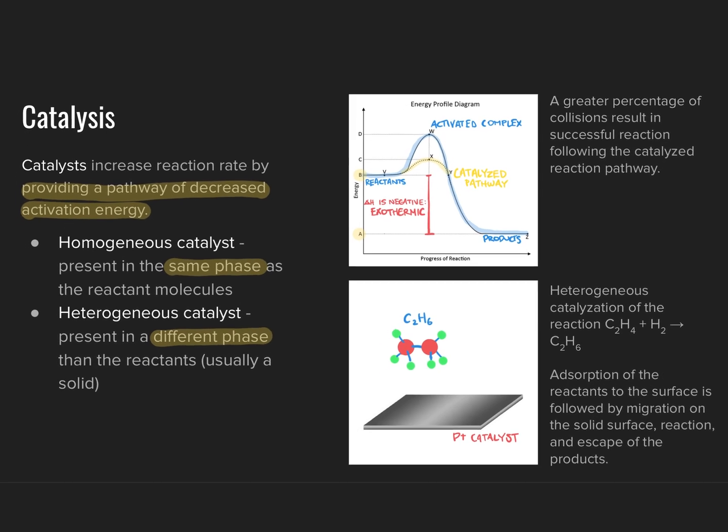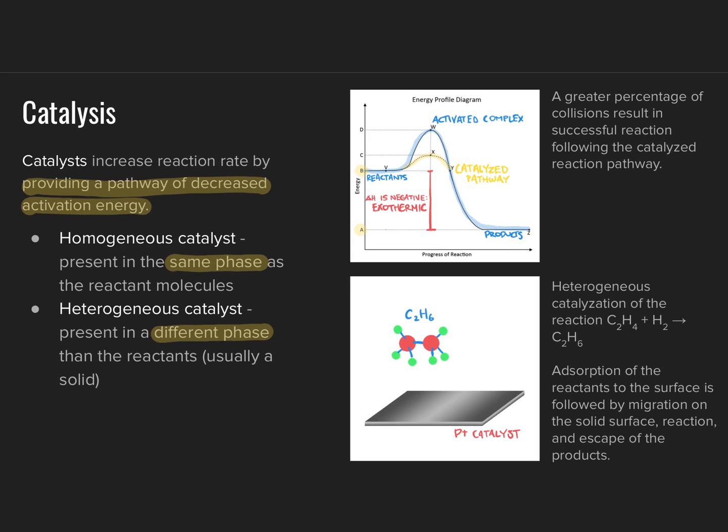Now, interestingly, the key idea is that the rate of reaction in this case is determined not by the concentration of my reactants, but by the available surface area upon which those reactants can react with one another. So no matter how much C2H4 and H2 I've got in the environment around there, my rate of reaction is entirely dependent upon how much of it can fit on the surface at any given time.